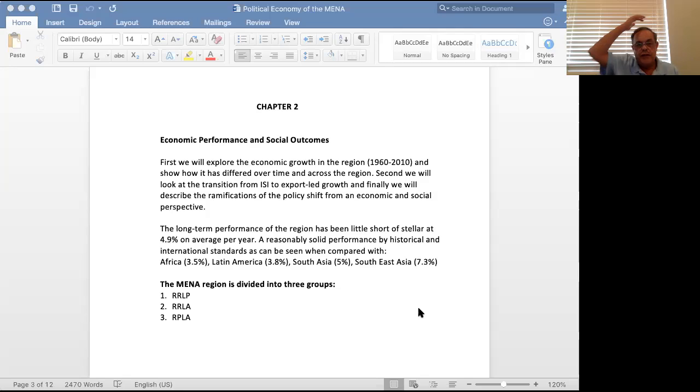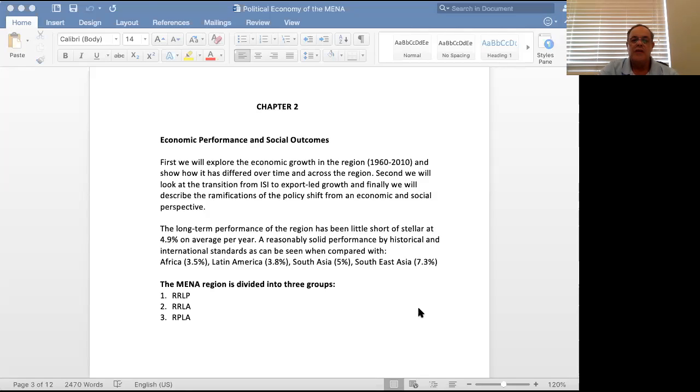Now, if we look at the resource-rich, labor-poor, those will be, Morocco. I'm sorry, the resource-rich, labor-poor will be the GCC countries, the Gulf Cooperation Council, which consists of Saudi Arabia, Kuwait, the UAE, Qatar, Oman, and Bahrain.